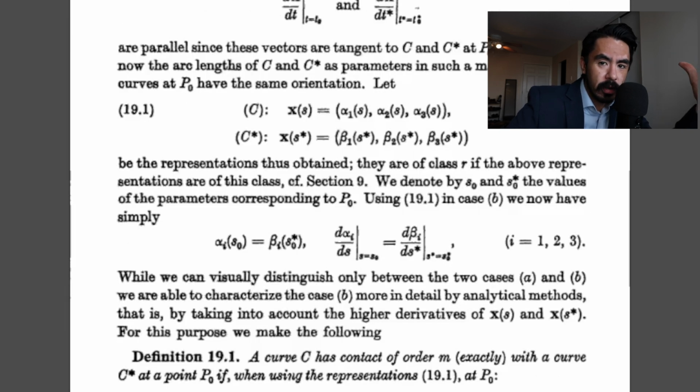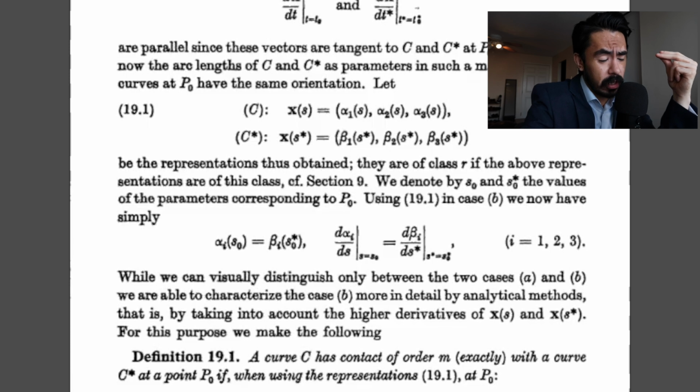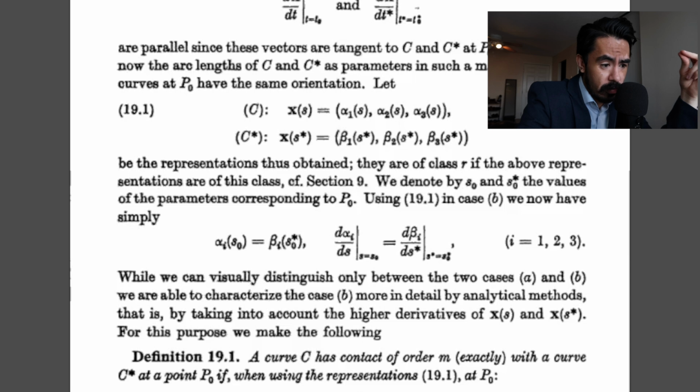Using these vector parametric representations in terms of arc length, in the case that the tangents of the curves coincide at this point of contact, we now have simply that alpha sub I of S naught is equal to beta sub I at S star naught, and d/dS of alpha sub I evaluated at S equals S naught is equal to d/dS star of beta sub I evaluated at S star equals S star naught, for I equals 1, 2, and 3.